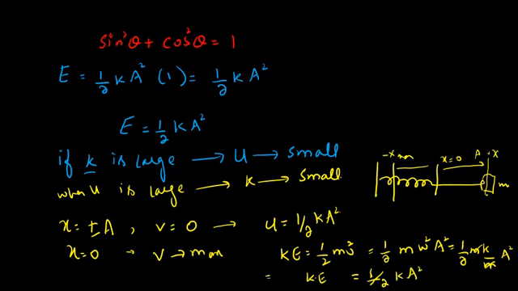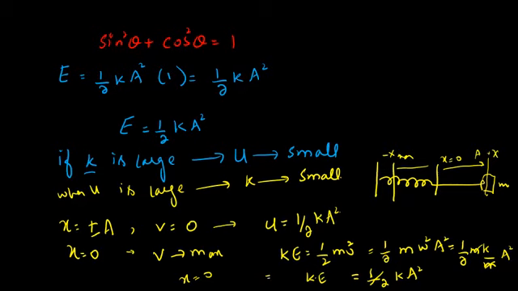So at the mean position, the total mechanical energy is in the form of kinetic energy, and at the extreme position, x equal to plus A or minus A, the total energy is in the form of potential energy.